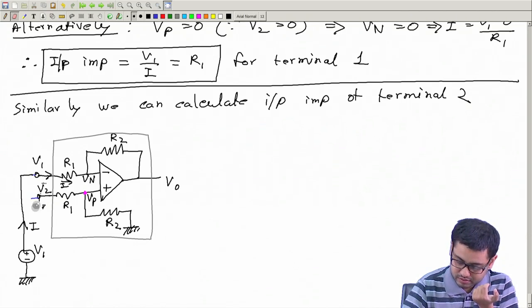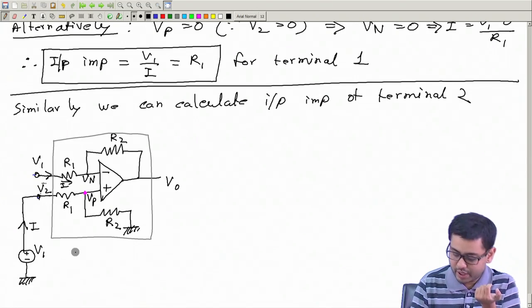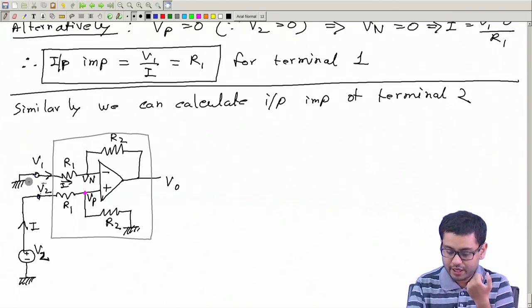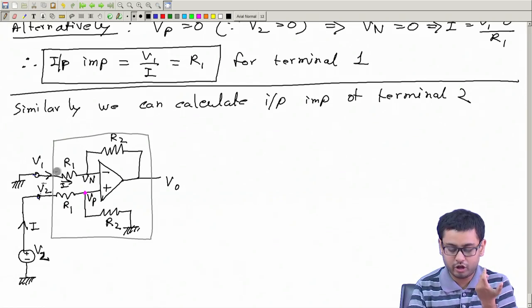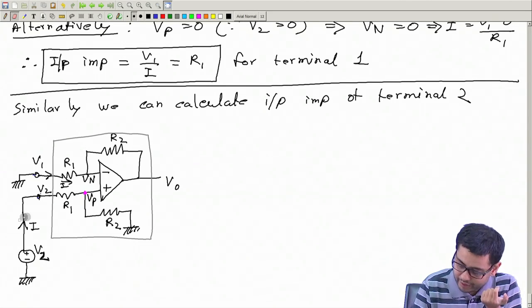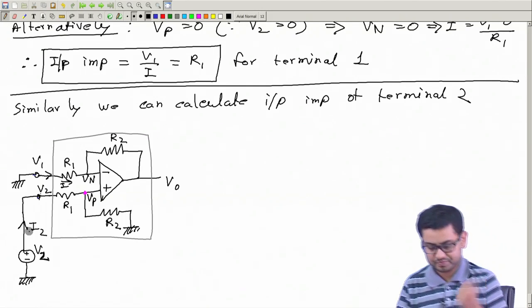So I erase it and I apply this voltage source to this terminal. Let me call it V2, and this terminal should be grounded. Otherwise, if there is a voltage here, that may also affect this current. So now I have to measure this current I2, and then the input impedance will be V2 by I2.